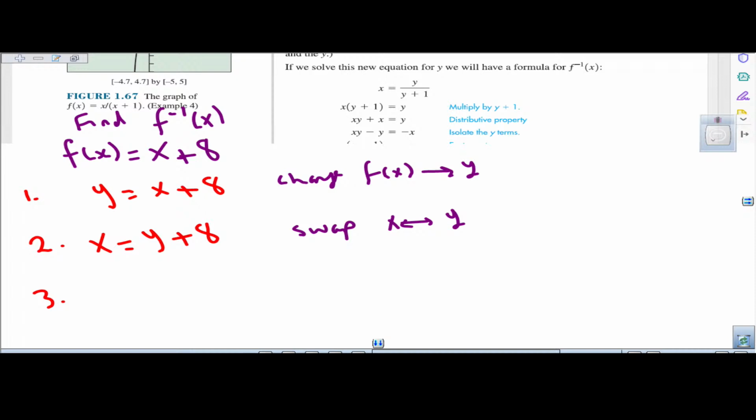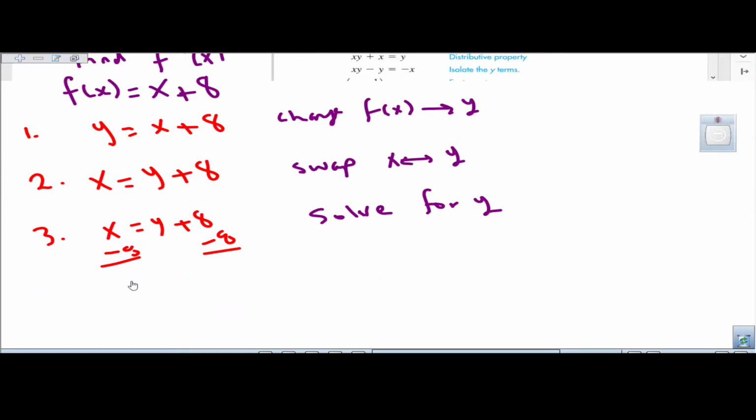So solve for the y that you just got. If I come here, I'm going to subtract 8 from both sides. I'm going to say x minus 8 equals y plus 8 minus 8, and that should give me y equals x minus 8.